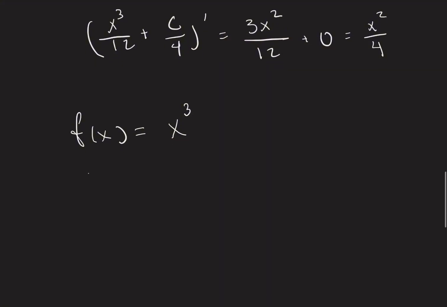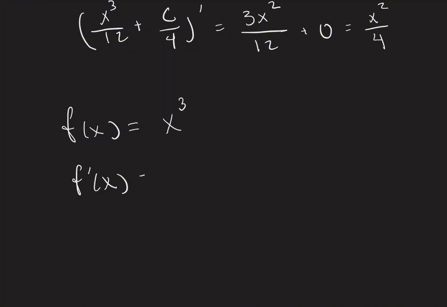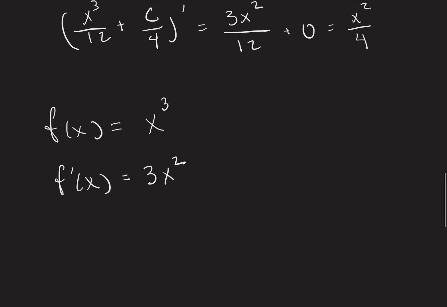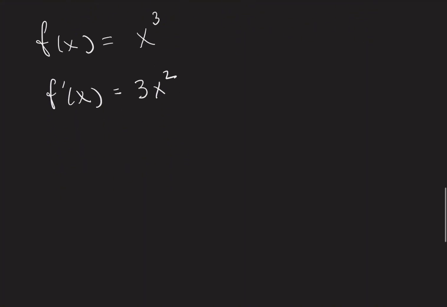So f prime, the derivative of f of x, equals 3x squared. We bring the 3 down and we subtract 1 from the exponent.